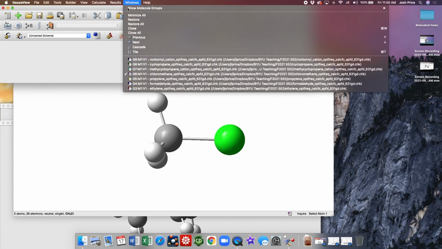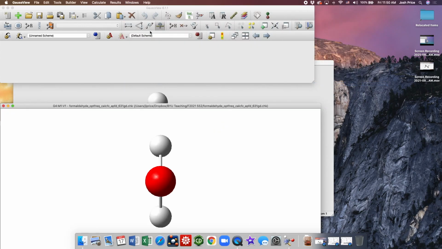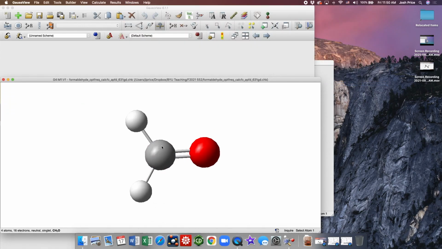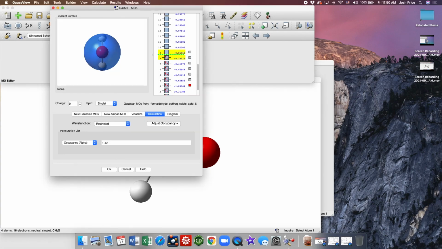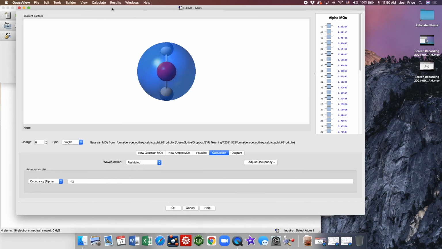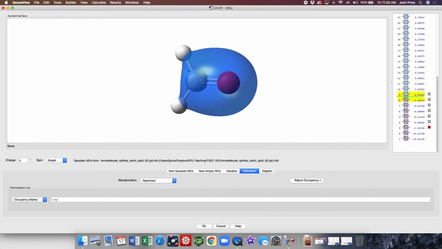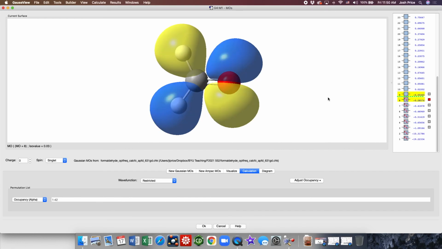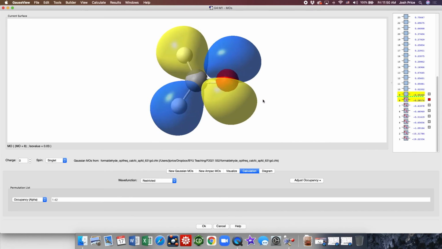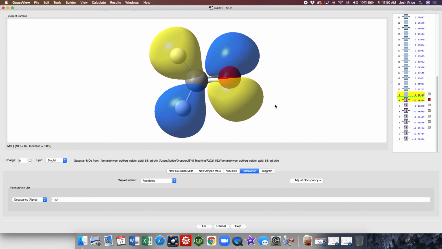The last one I'll show you today, and we'll come back to this next time, is formaldehyde, a bent CH2 and an oxygen. I'll show you maybe the highest energy orbital, which is overlap of a pi CH2 with a p orbital on oxygen, and this is the minus combination.